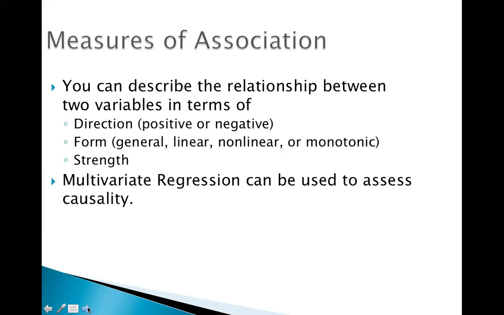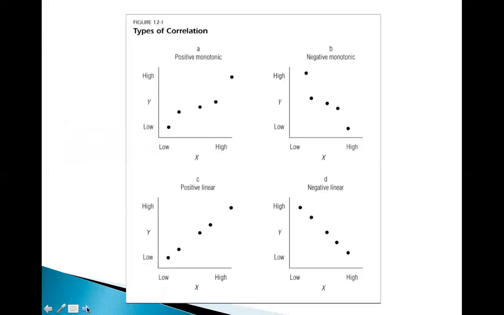And as we move into multivariate regression, meaning regression that looks at multiple variables at once, we can also use regression to assess causality, because we can control for spurious factors like we talked about at the very beginning of the semester. But we'll get more into that next week.